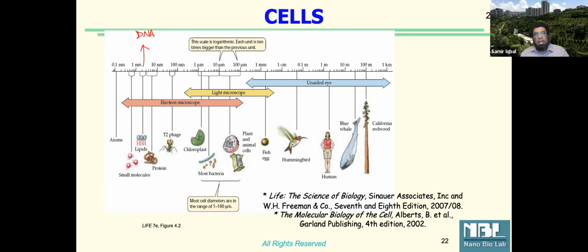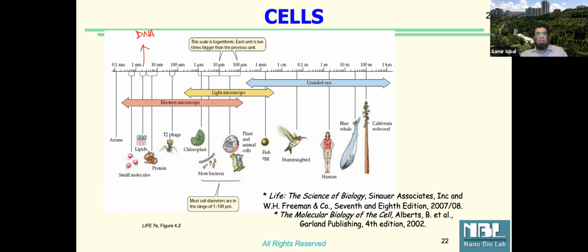I highlighted DNA here because when you come up with research ideas, you will see that many times there is mutation involved. And when you say mutation, it's a genetic level defect which causes a disease. Right?